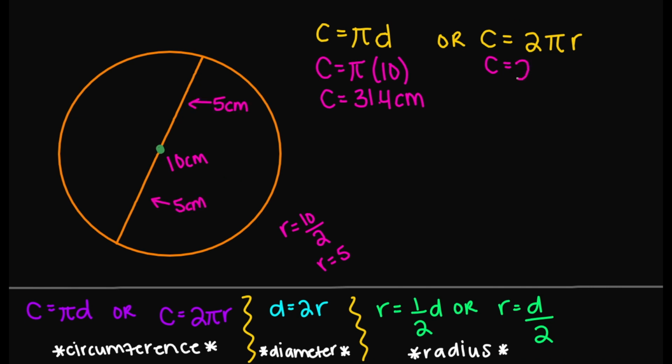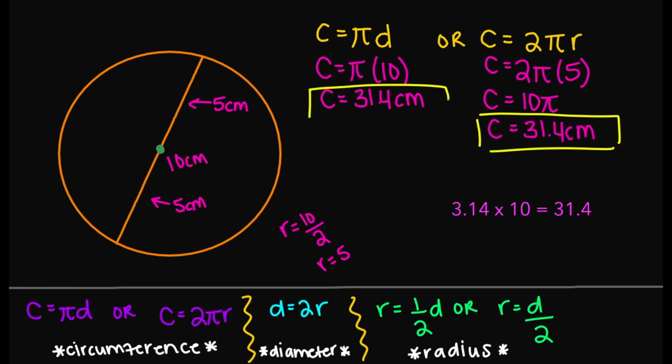So I'm going to do 2 pi times 5. 2 times 5 is going to equal 10. And then 10 times pi, like we did on the left side, is also going to give you 31.4 centimeters. And remember, if you need to leave your answer in pi form, then your answer is going to be 10 pi.